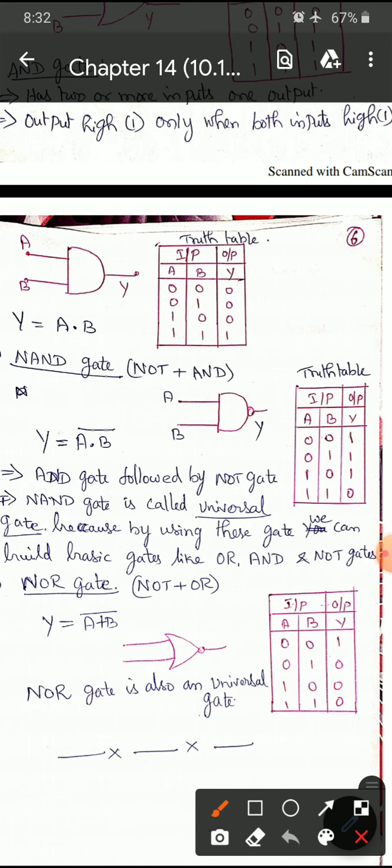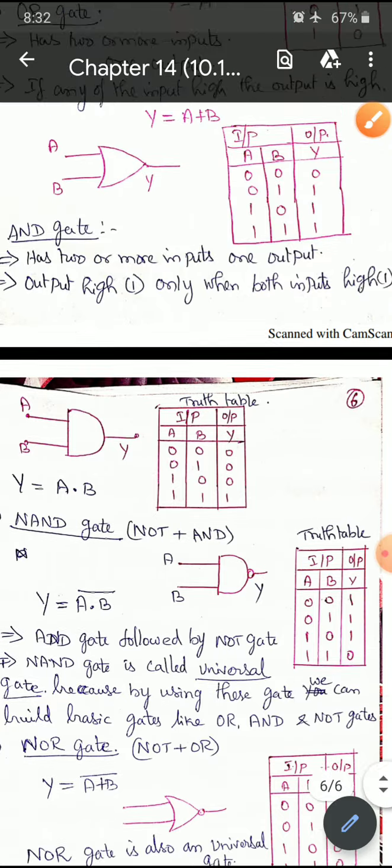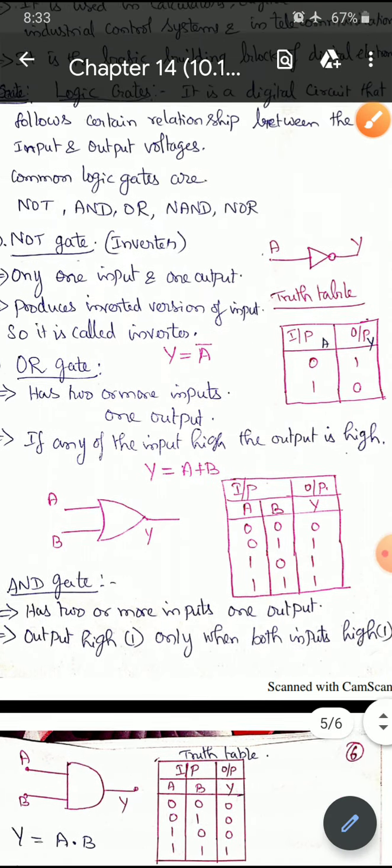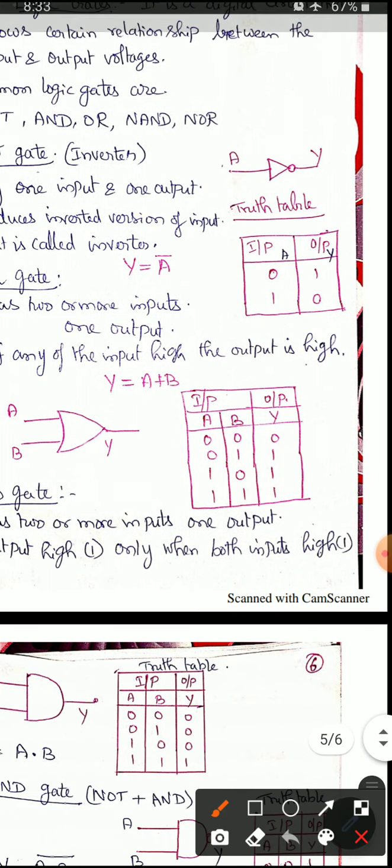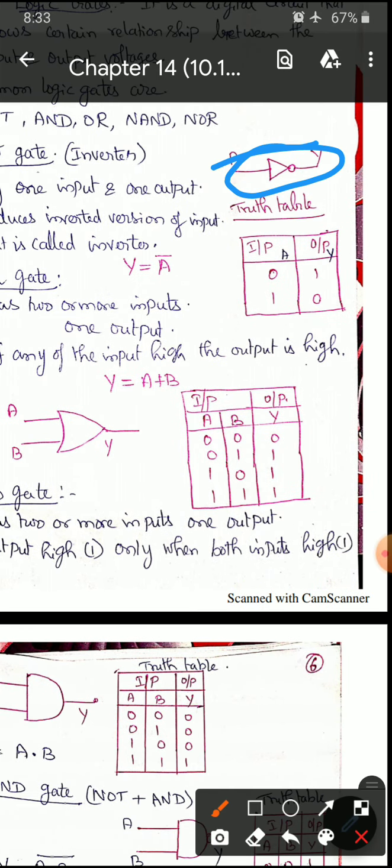Okay. So, what is the symbol of the NOT gate? It is a triangle.